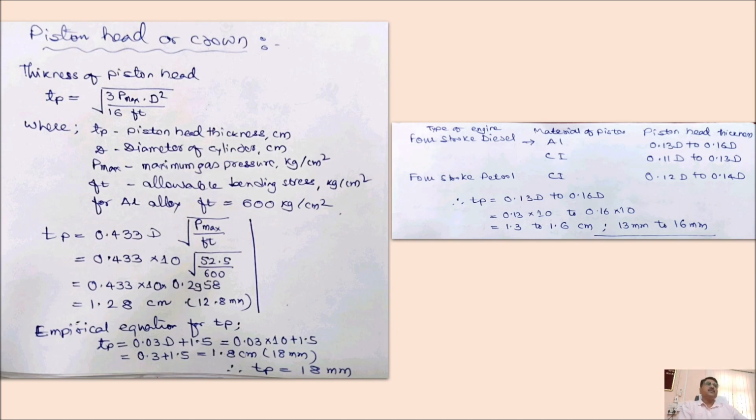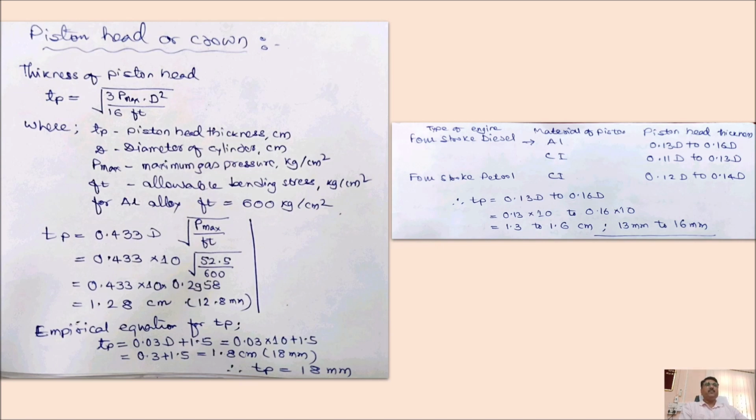For a 4-stroke diesel engine, if the material of the piston is aluminum alloy, then piston head thickness is 0.13 D to 0.16 D. If this is CI, cast iron, then piston head thickness is 0.11 D to 0.13 D. And for a 4-stroke petrol engine, if the material is CI, piston head thickness is 0.12 D to 0.14 D.